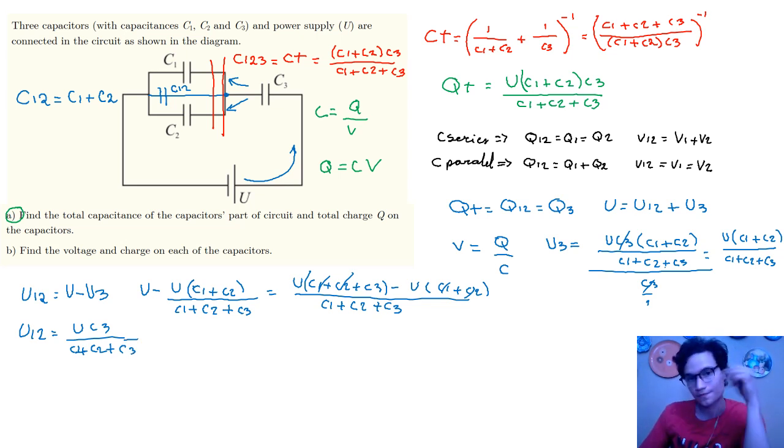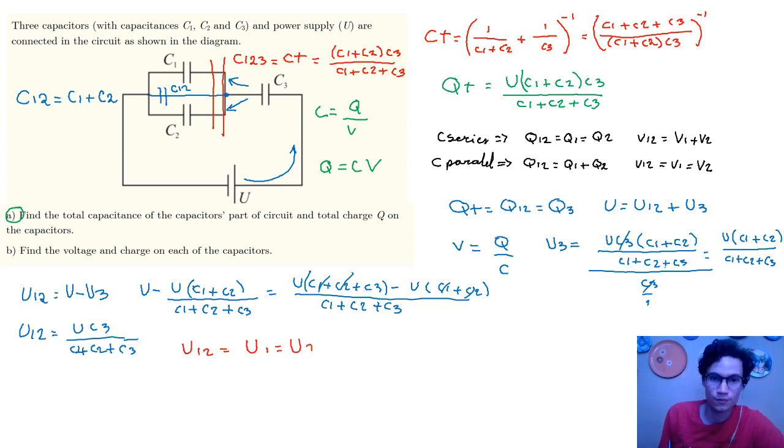All right. What else? We know that C1 and C2 are in parallel. What does that mean? That means that this U12 will be equal to the voltage in 1 and the voltage in 2.